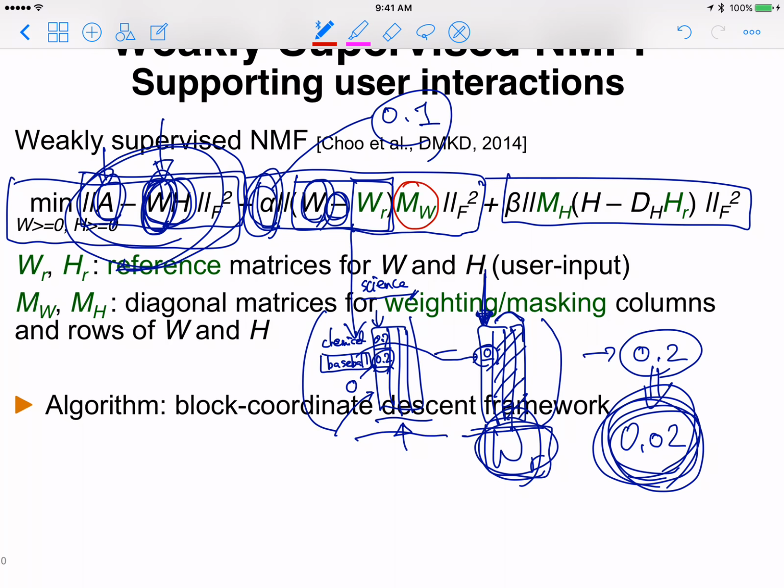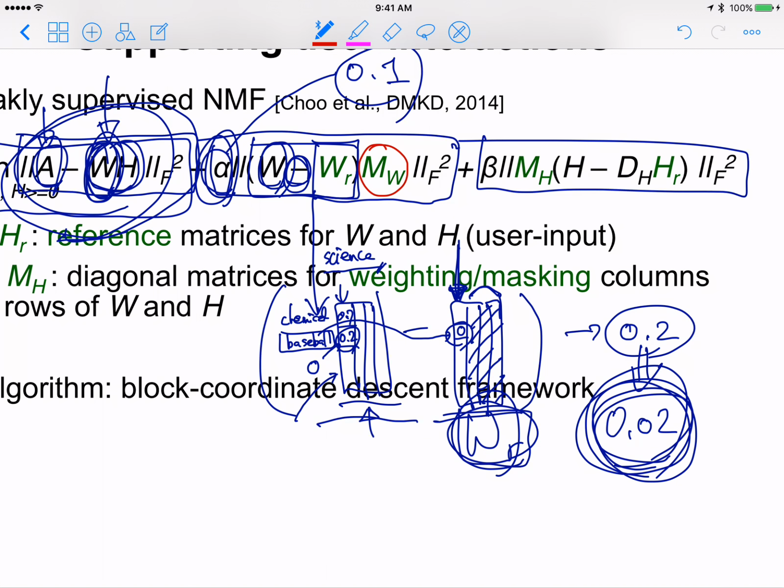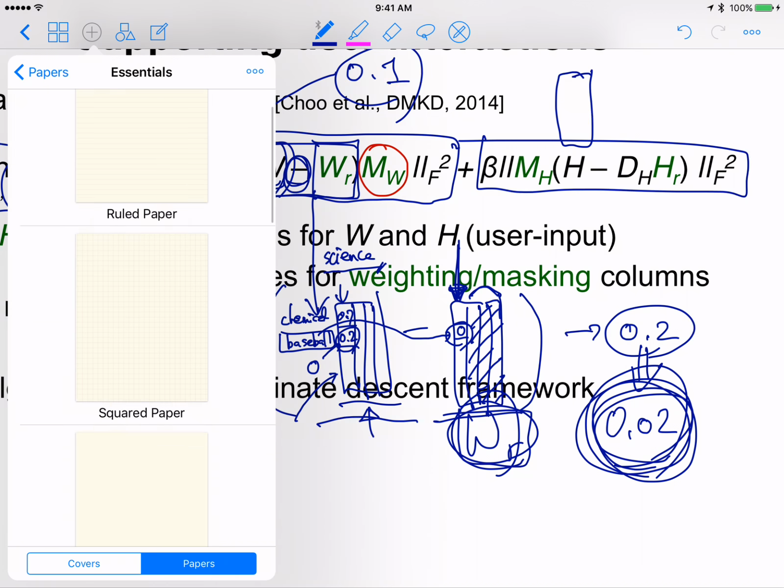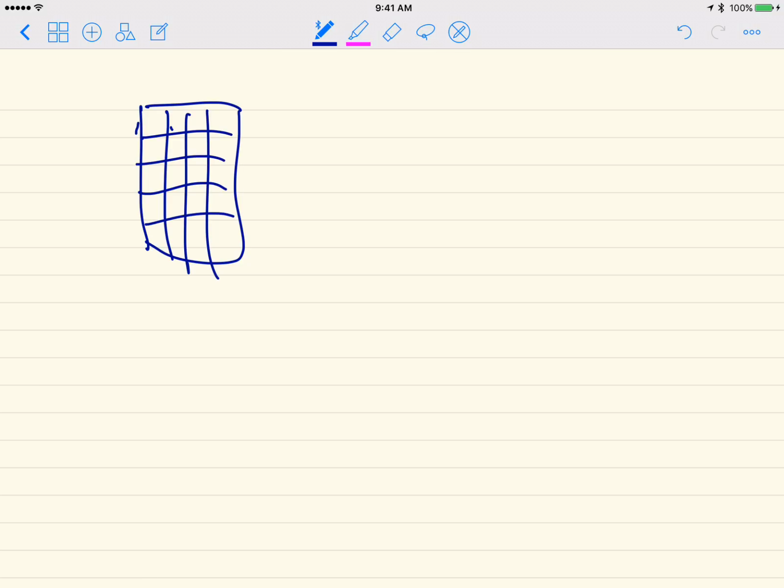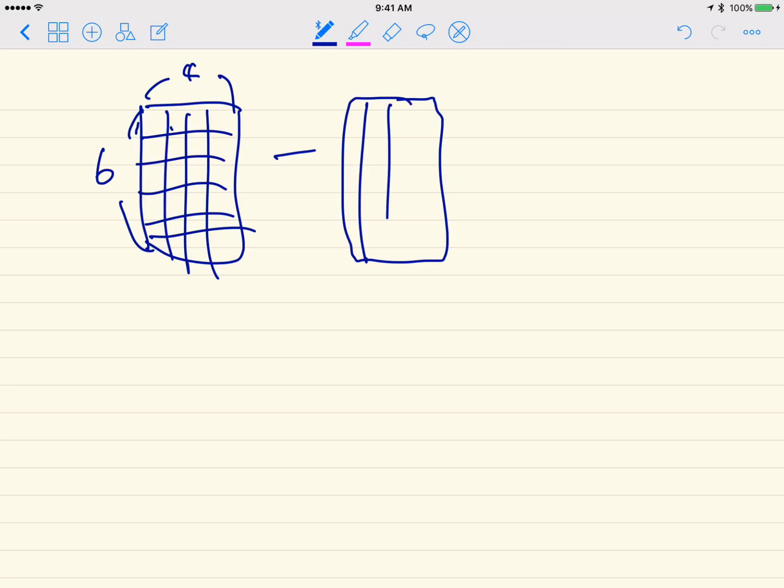apply a masking matrix. I'll just draw a new matrix. Suppose we have 4 topics and maybe 6 terms, and then we have the same size of matrix.